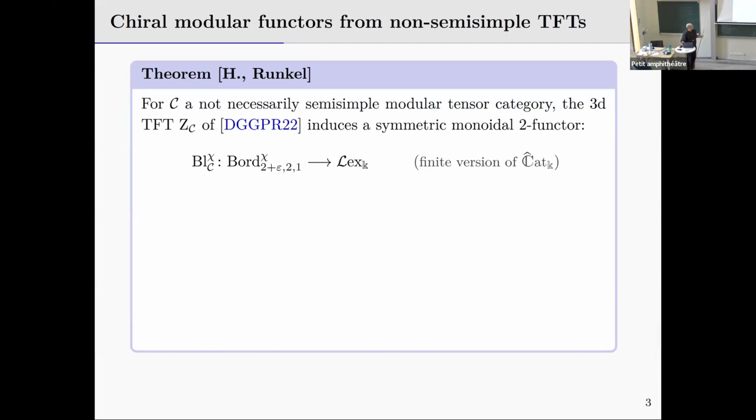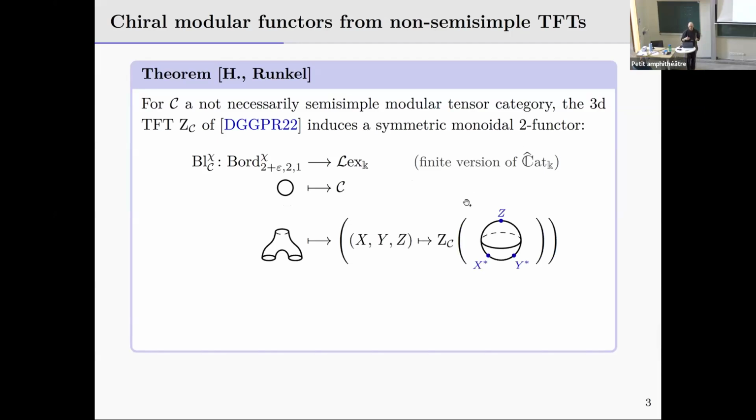Okay, so what does our symmetric monoidal functor do? It takes one circle just to the category C we started with. And a bunch of circles will automatically be sent to a bunch of copies of our category C because it's supposed to be symmetric monoidal. Now on the one morphism level, we want to get a left exact functor. The way we get this is very similar to what Hao Zhang was talking about in his talk.